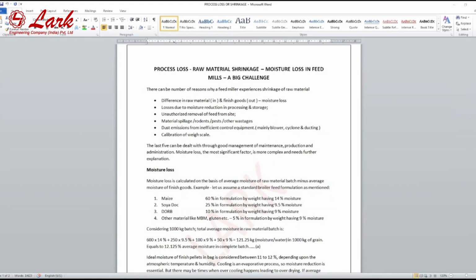So thankful of you. Sir, I just want to show one more document. We have a case study of a 1 lakh or 1.5 lakh farm size on mash and pellet feed. Give me just 5 minutes, I will go through that document, sir.